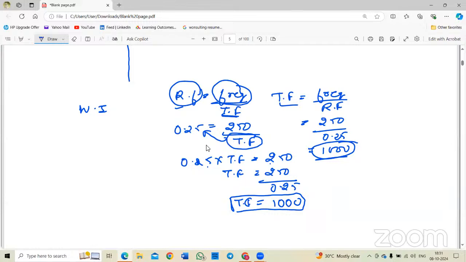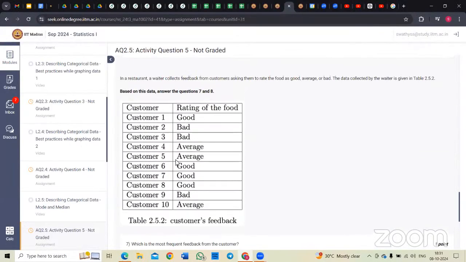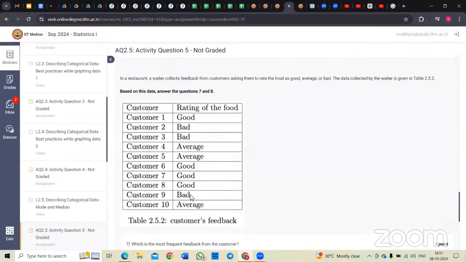I got it. See, the thing is, we are having bad, average, and good, right? So we can arrange it like this only. How many bad ratings are there? 1, 2, and 3 bad ratings are there, right? So I'm denoting it as B. I'm going in ascending order. First comes the bad rating, then comes the average, that is 1, 2, 3.